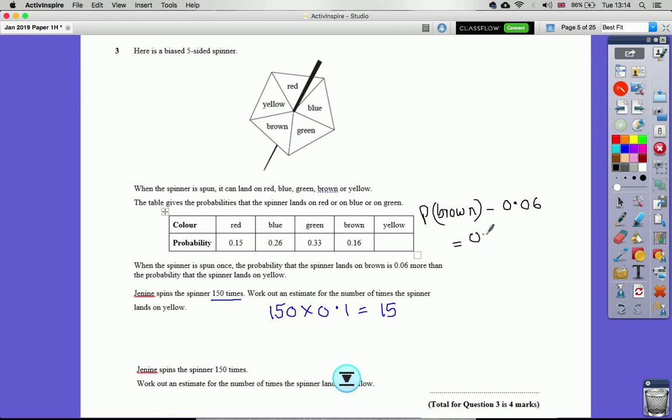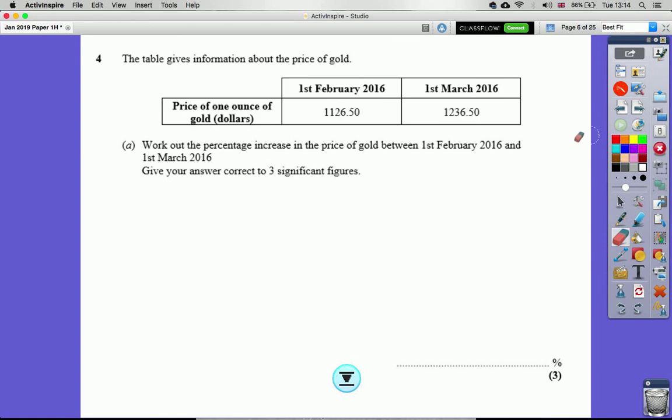So 0.16 minus 0.06 will give you 0.1, which is the probability of yellow. In these questions, you need to do the calculation based on the information given to you. Simple addition, subtraction. Okay, let's move on to question number 4.